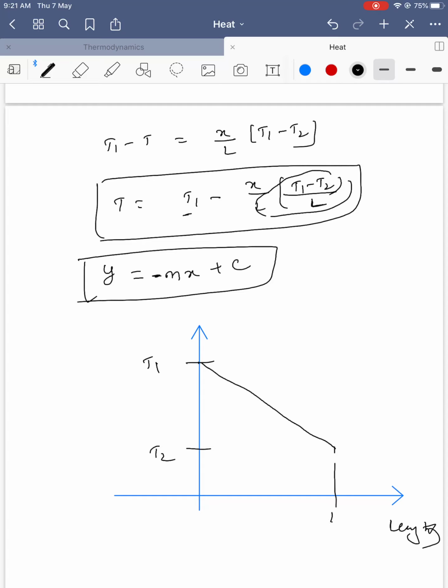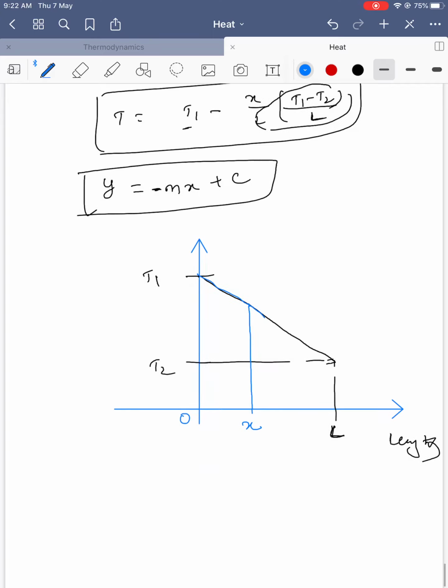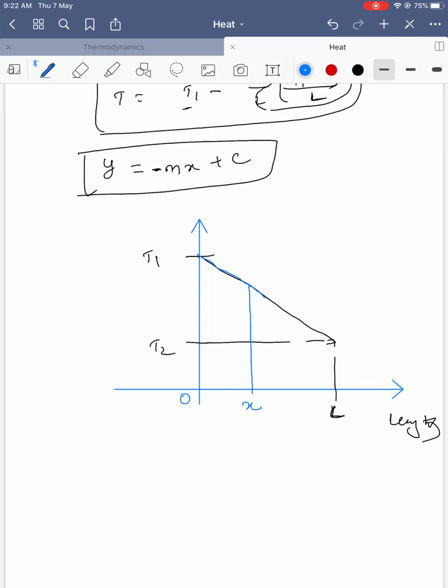Okay, so at length L, the value of temperature is T2. At a distance x from the initial position, can we get the temperature from a triangle, like a slope? If we simplify from the axis also, the slope is the same. Can we get the value of temperature T?